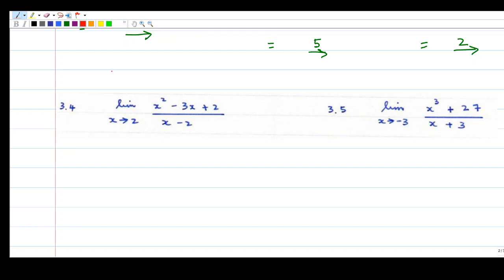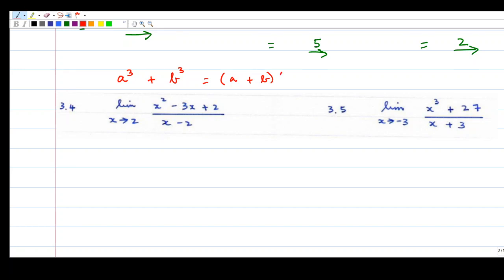So from school, you know, sum of two cubes, right? Say a cubed plus b cubed. Factorize that: in the first bracket, you take the cube root of the first term, you end up with a, plus the cube root of the second term, b cubed, you end up with b, right?